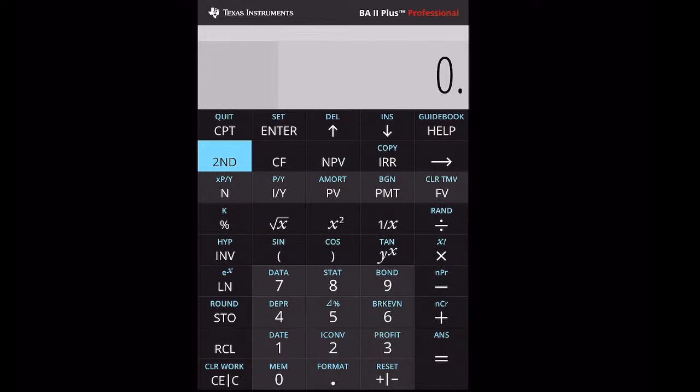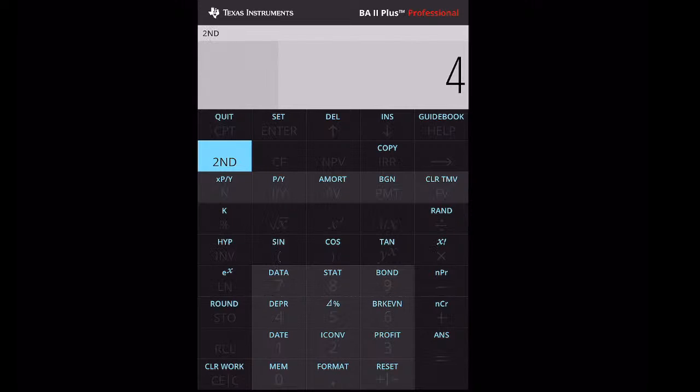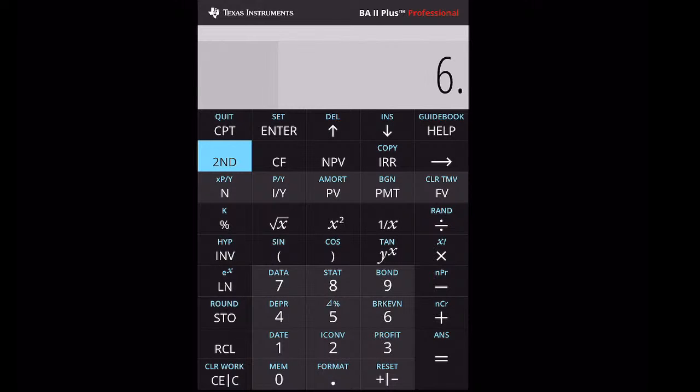So it's 4, second function, nCr, 2, equals. One more time. Clear. 4, second function, nCr, 2, equals.